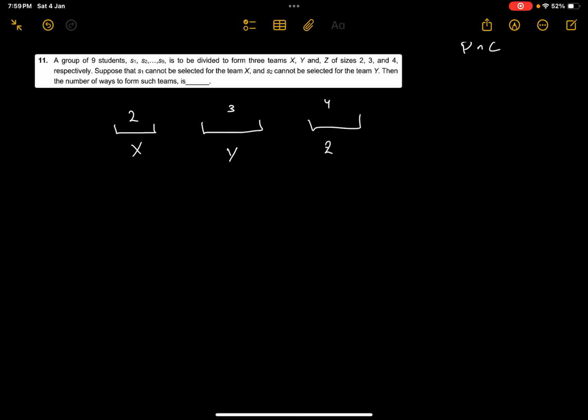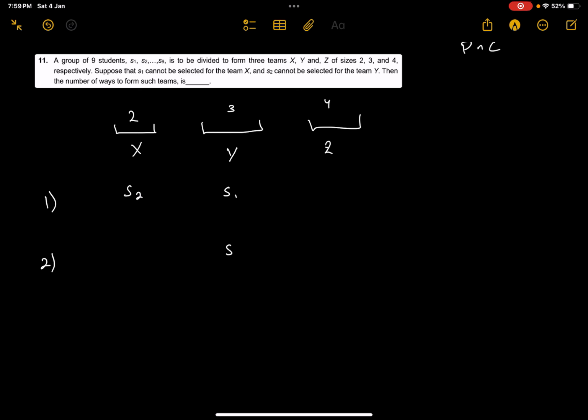Based on the team allocated to S1 and S2, we'll divide it into cases. We are given that S1 cannot be in X and S2 cannot be in Y. So case 1, when S1 is in Y, S2 is in X, this is valid.